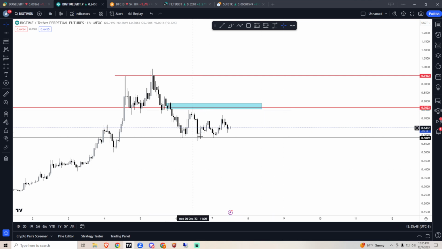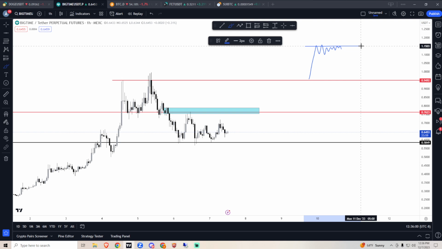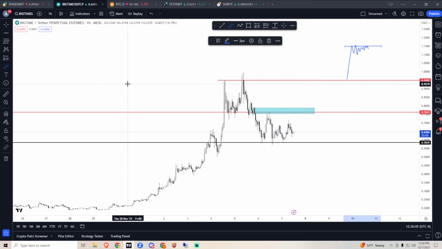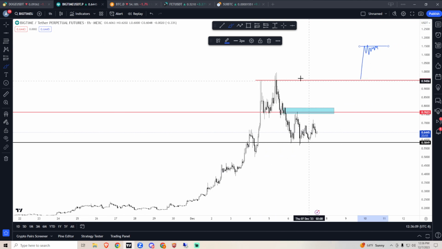For me, this looks like accumulation. If price action is going up and we're consolidating under resistance, that's usually bullish, but this is making all-time highs. This isn't price discovery, well, it was.